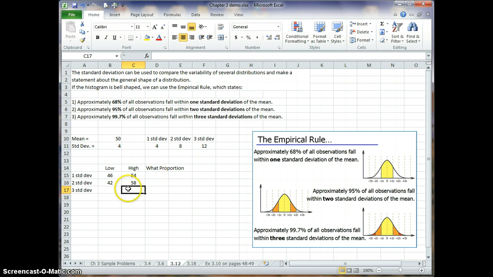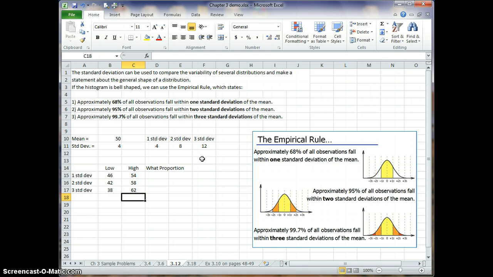So the range there is 42 to 58. And then for 3 standard deviations, the mean minus 3 standard deviations, which is the mean minus 12, gives us 38, and the mean plus 3 standard deviations gives us 62.